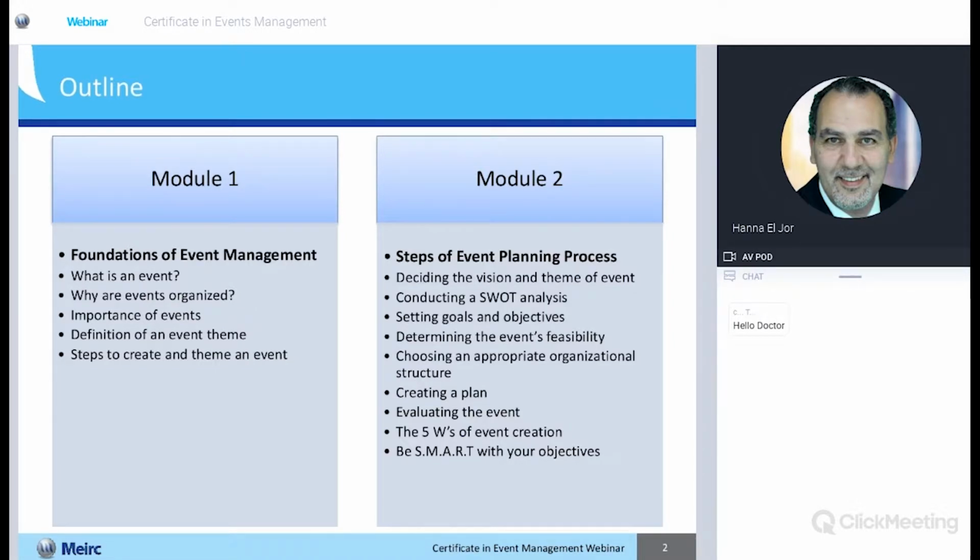Of course, we're always talking about SMART objectives and SMART goals. Also, one of the steps is to determine the event's feasibility. Is it feasible to run with this event? Of course, based on many factors. We will tackle those too. Choosing an appropriate organizational structure. Deciding and talking about the 5 W's, creating a plan for our event, and of course, the last but not least step is evaluating the event.